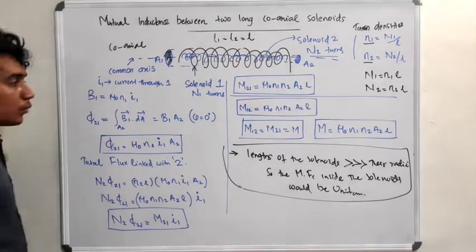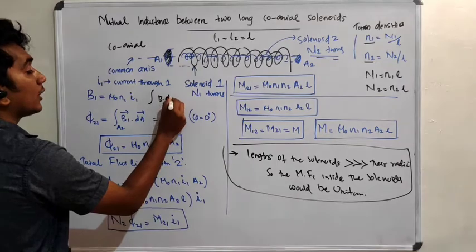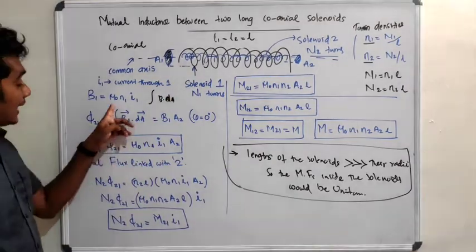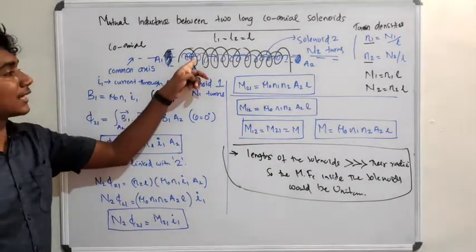Then we know the equation of flux. Flux is equal to the integral of B dot dA. And phi 21 is equal to the integral, where the integration should be over A2 because we are considering A2.